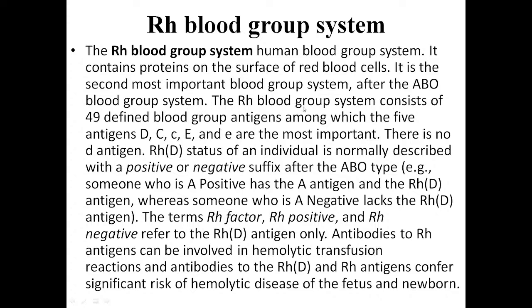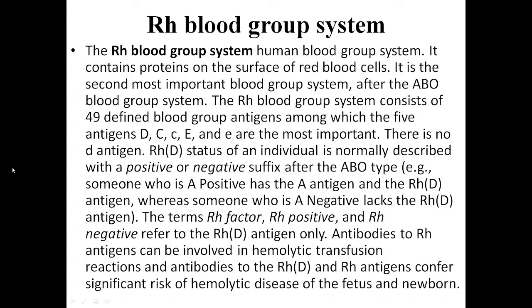The RH blood group system consists of 49 defined blood group antigens, among which the 5 antigens D, C, c, E, and e are the most important.